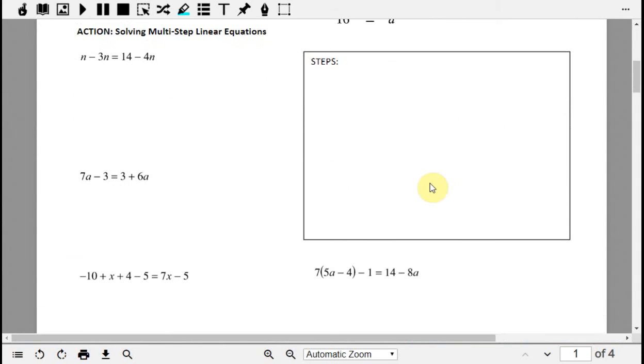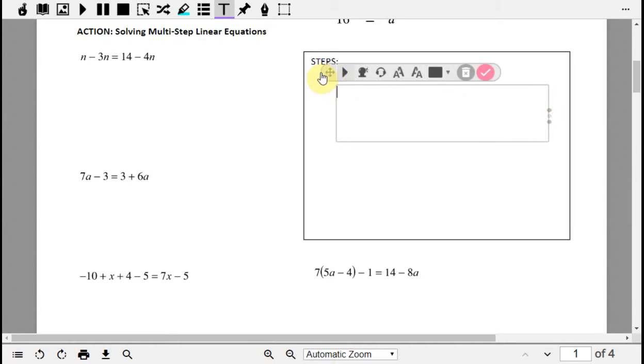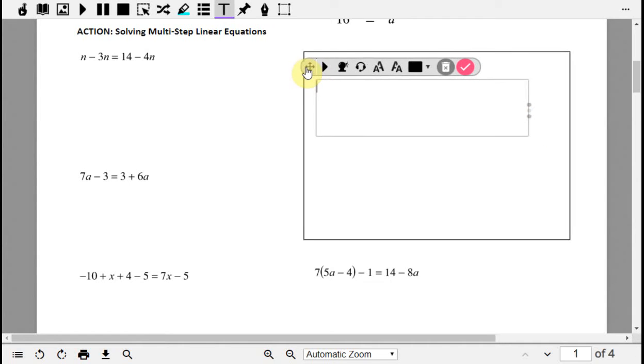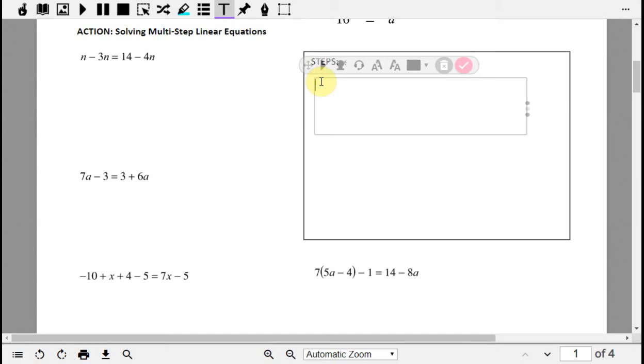So let's look at the steps that are involved in doing a multi-step linear equation. When you're doing a multi-step linear equation, the first step is to take each side of the equation and make sure that you simplify them.